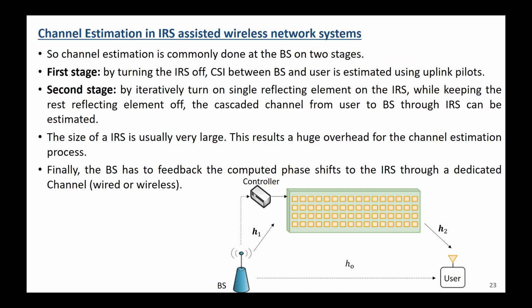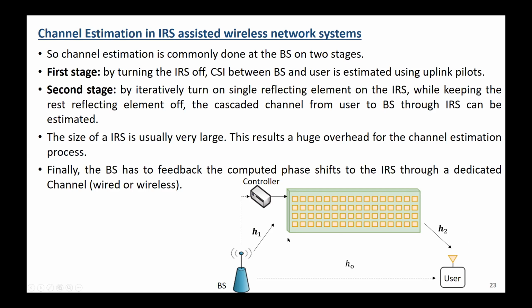The benchmark idea for channel estimation, just to understand the problem, is training-based channel estimation. It can be divided into 2 stages. We would like to estimate H0, H1, and H2. Initially, I will turn off all the elements in the IRS and the user sends 1 pilot, so I estimate H0. After that, I will turn on only 1 element in the IRS and send an uplink pilot, so I estimate the product between an element in H2 and a particular element in H1.